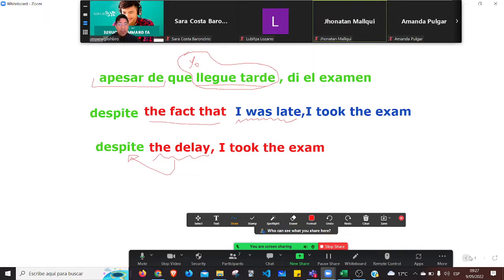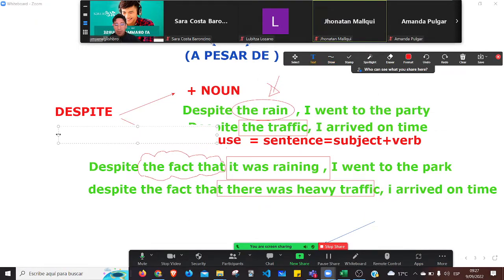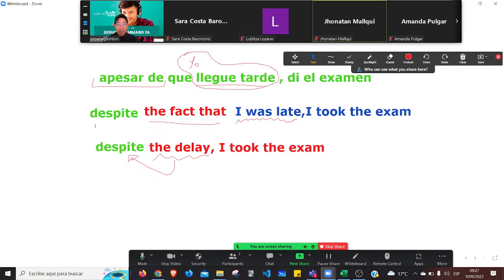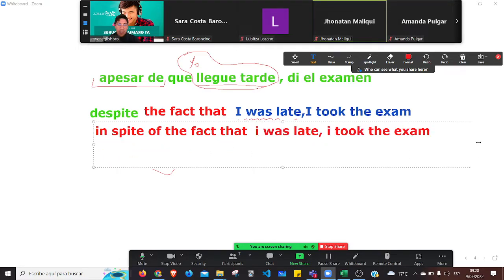So now, instead of using despite, you can also use in spite of. You can say in spite of the noun or in spite of the fact that. In spite of the fact that. You get it? So I can say here, in spite of the fact that I was late, I took the exam.